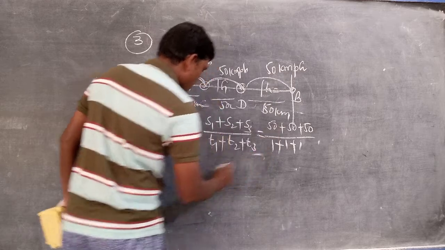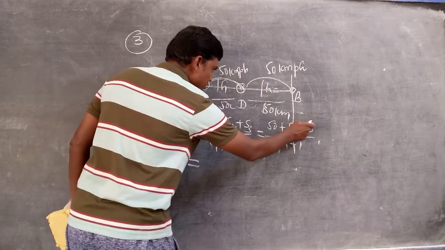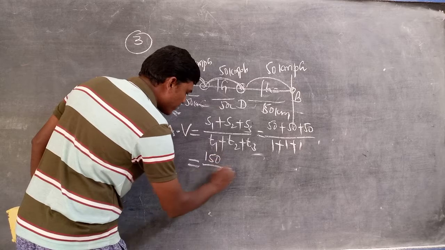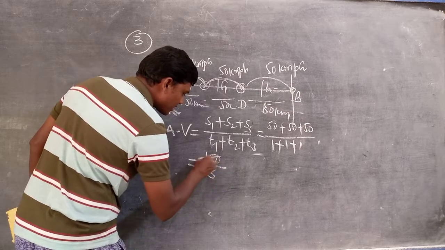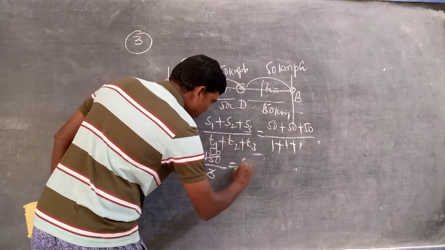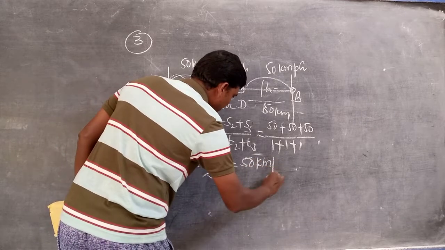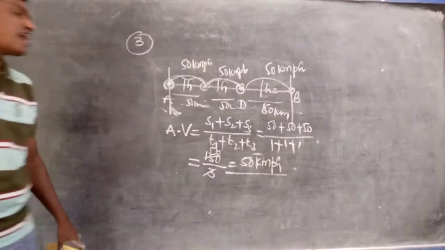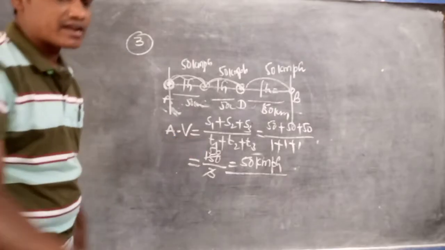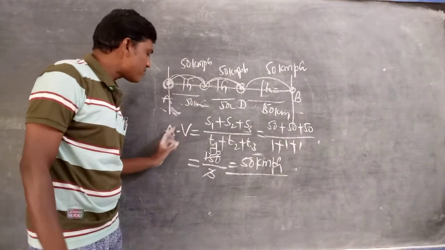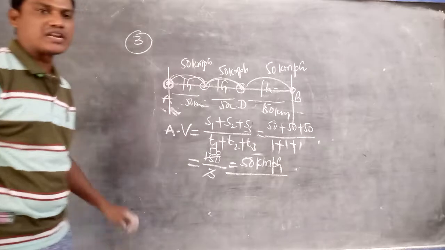Totally we can write 150 upon 3, which is 50 kilometers per hour. So the average velocity of the car here is 50 kilometers per hour.